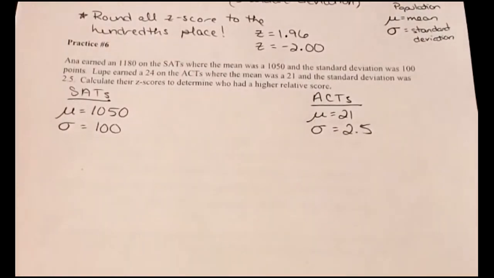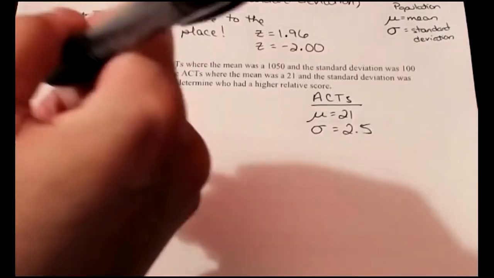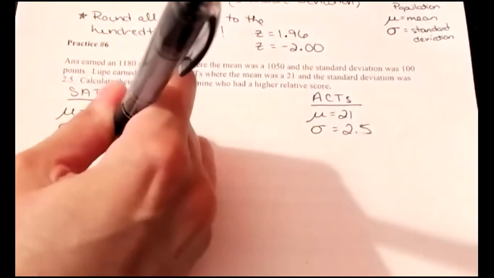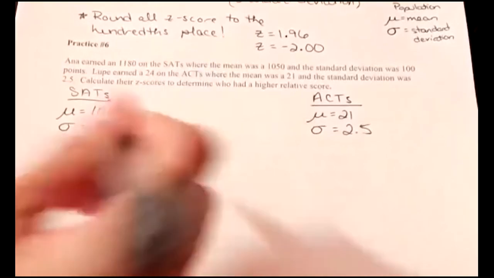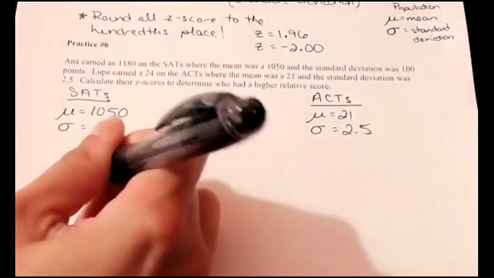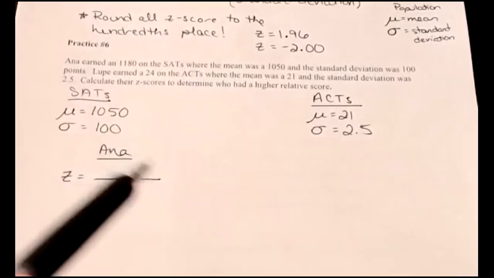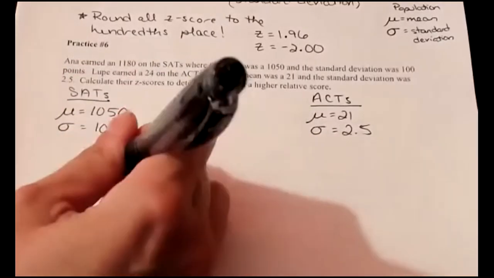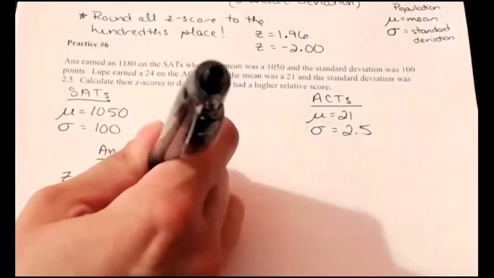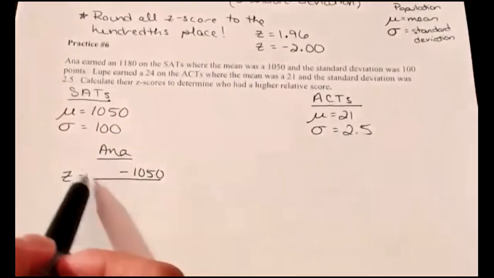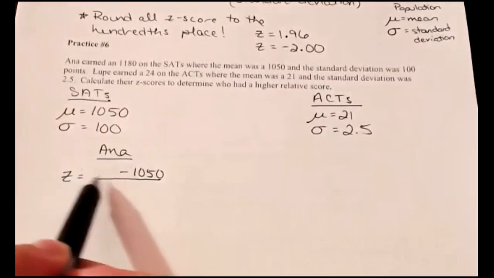So let's begin with Anna, who took the SAT. So I'm just going to write here, Anna. We're going to start by calculating her Z-score. So we have Z is equal to, we know the mean for the SATs, that's 1050. So we know that it's going to be minus 1050. I just didn't write anything here yet. I will in a second.